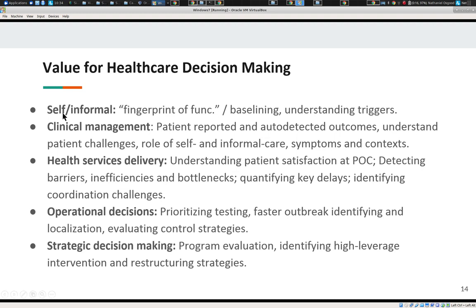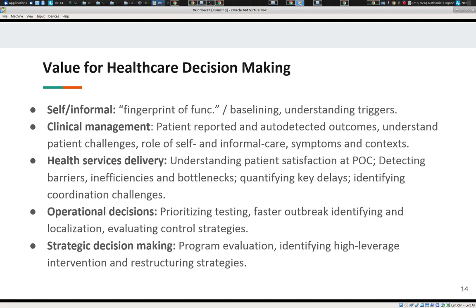So this type of information can be of use for clinical management, for clinicians to understand self-care, patient challenges in the home, outside, et cetera, but also to understand outcomes, both patient-reported and those recorded automatically. Our respirology colleagues would like to know how many exacerbations, how many coughing fits a COPD patient is having.